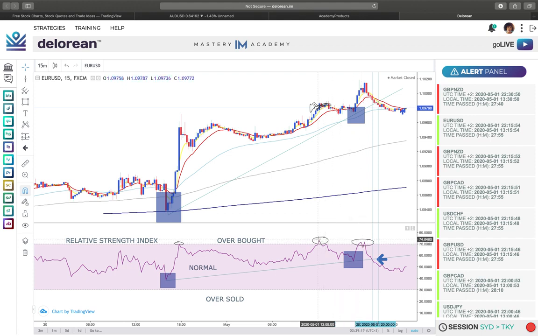By no means am I selling, because when you're at an RSI level of overbought, you are most likely in a bullish market at that time. And when you are at an RSI level of oversold, you are most likely in a bearish market at that time. Why? Because if you weren't, you wouldn't be at the overbought level or the oversold level.